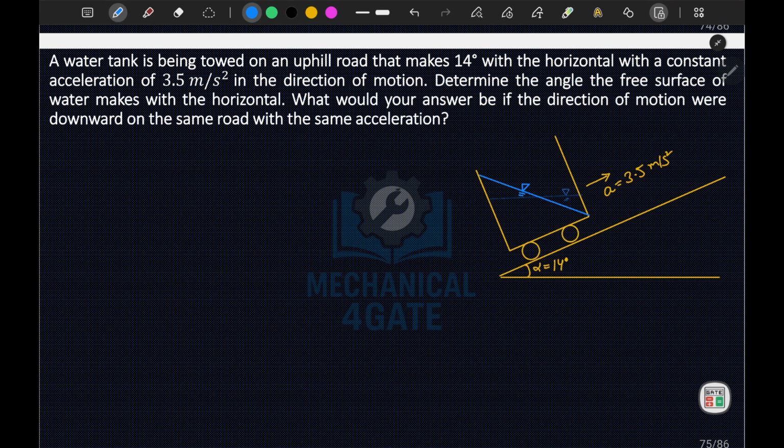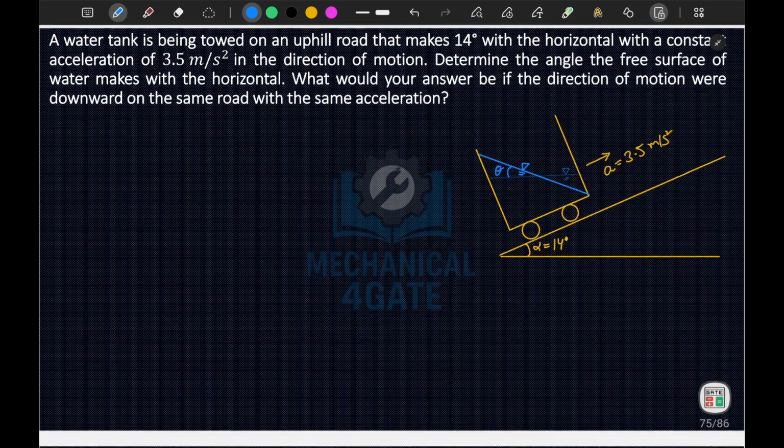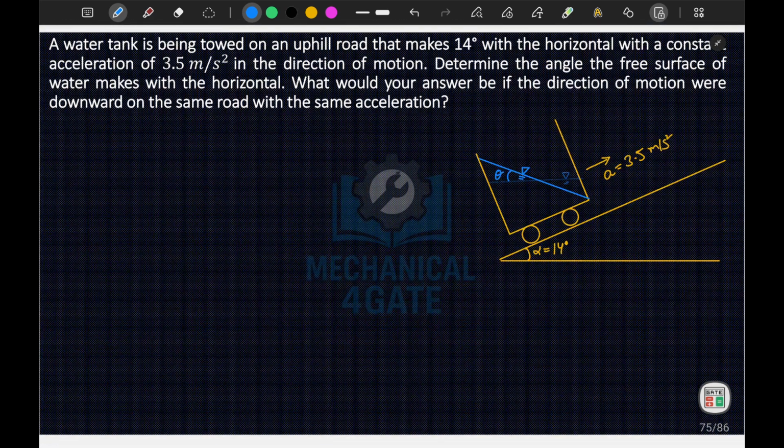Now we have to determine the angle the free surface of the water makes with the horizontal. So let's say this is your theta. We have to determine this angle theta. What would be the answer if the direction of the motion were downward on the same road with the same acceleration? So this is the first case.